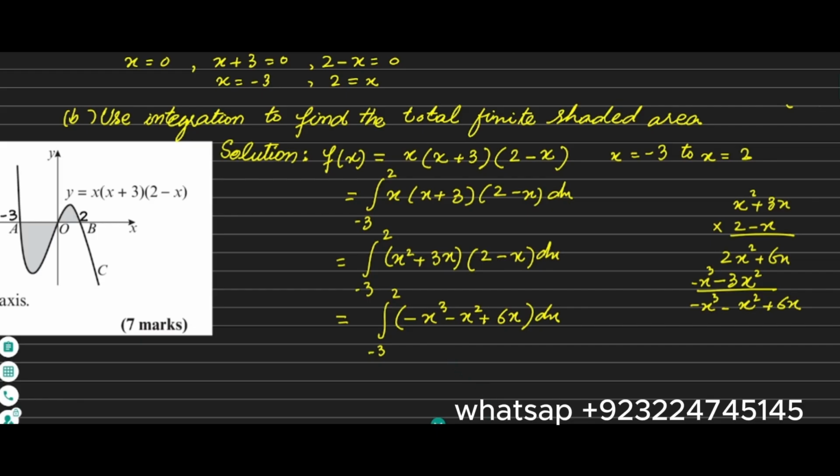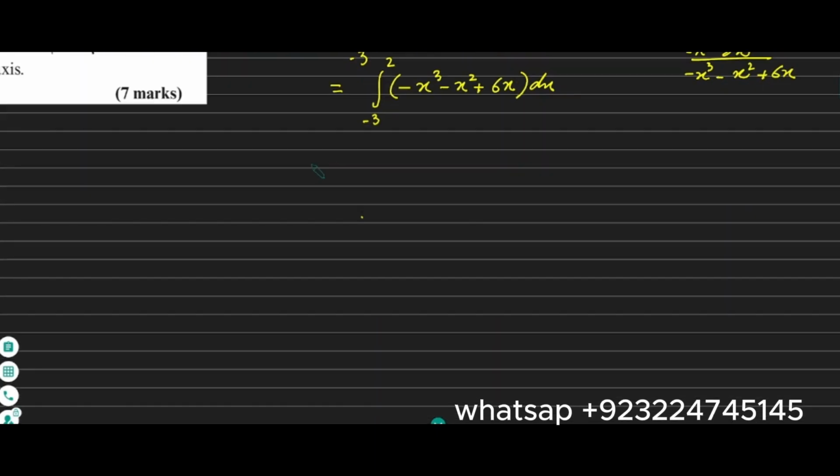Now we will integrate the function. When we integrate, we get the integral of minus x cubed dx, upper limit 2 and lower limit minus 3, then minus x squared from minus 3 to 2 dx plus 6 integral from minus 3 to 2 of x dx.